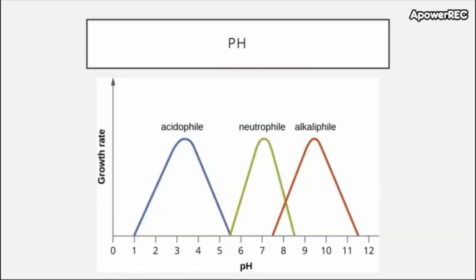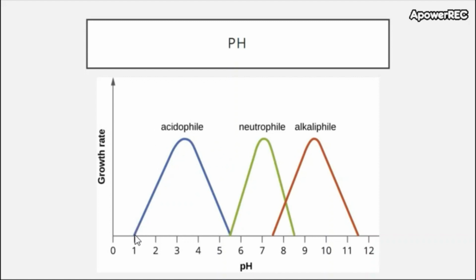Here's a graph that shows pH on the x-axis and growth rate on the y-axis. And like temperature, we can categorize microbes based upon what sort of ranges they can grow in. And so we have three main ranges to worry about with pH, or three main groups. And that is the acidophile.